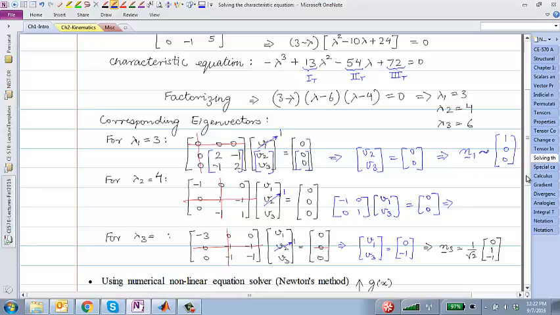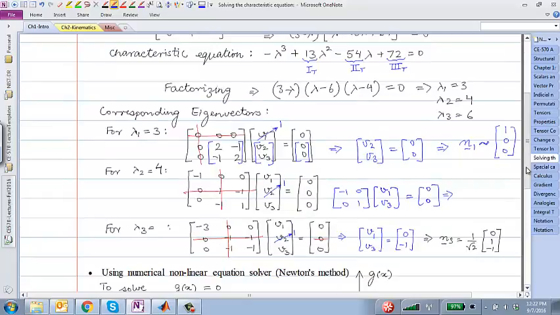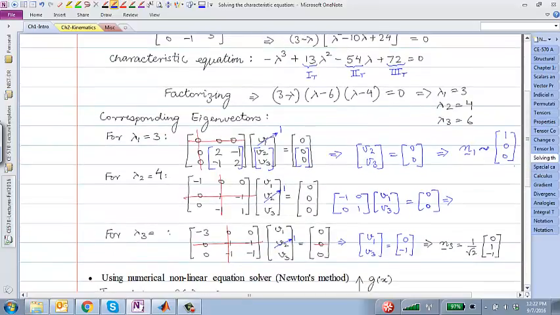I think we should end up with V1 equal to V3. Am I missing something here? So, oh yeah, that's what I'm missing.